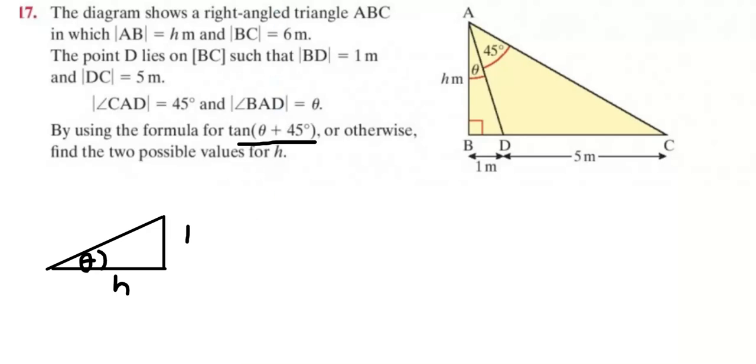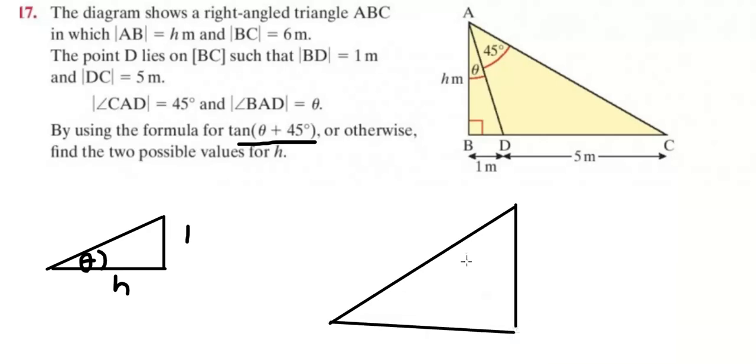Now, I'm also going to draw the large triangle. Okay, I'm going to draw the large triangle in a slightly different orientation. What are these two angles combined? Theta plus 45. Why am I favoring theta plus 45? Because that's what's written down here, isn't it?